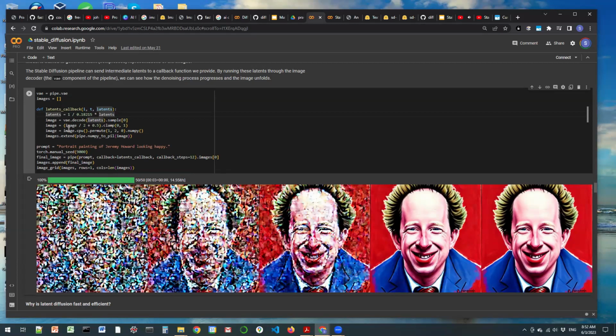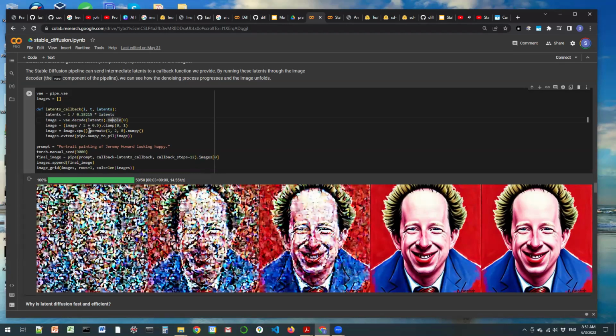Essentially this is just, as I mentioned, the output coming out of the unit, which is the latents. It's scaled, then passed through the VAE decoder, and then sampled. Then it's scaled because this output is in the range of -1 to 1, so you change that to be between 0 and 1.